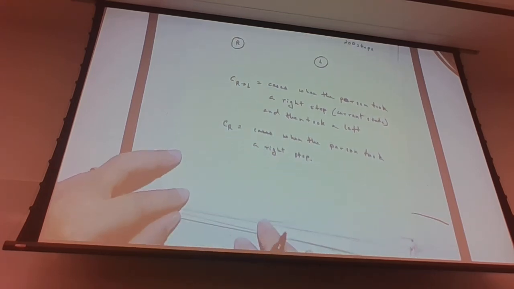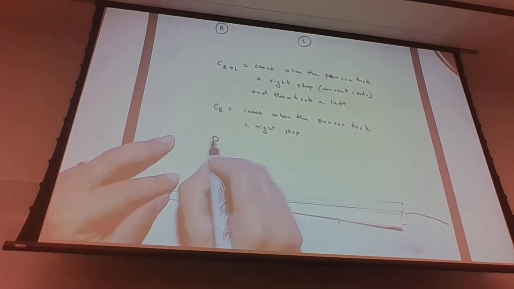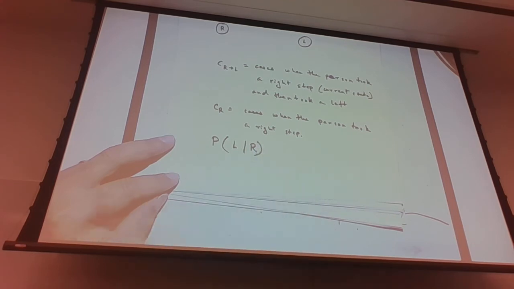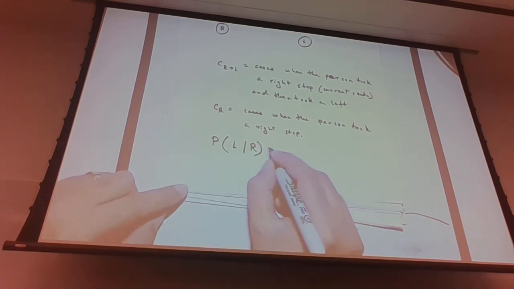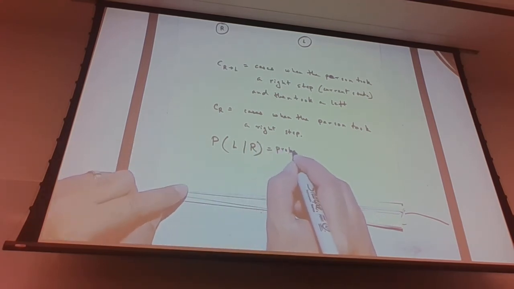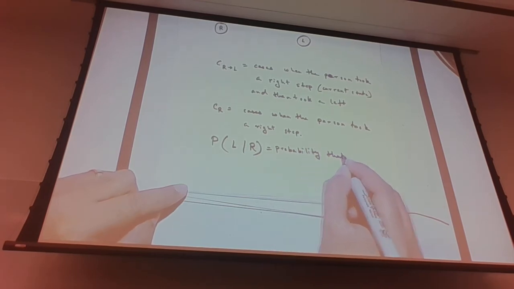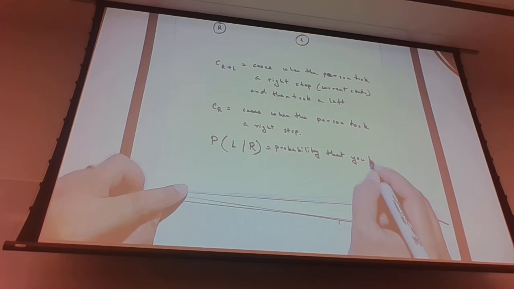Then simply, you can say that the probability that you take a left step next, given that the current step is right, is CRL by CR.